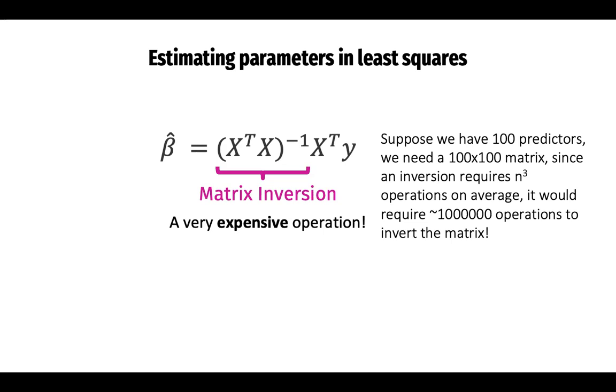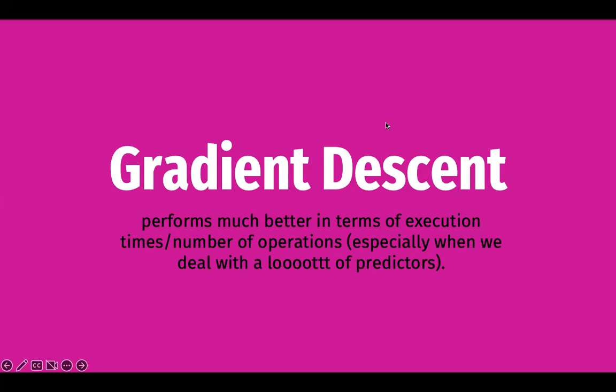So this is not appropriate when we want to use linear regression for a very large data set. It is very costly. So gradient descent is a lot cheaper alternative in terms of execution times or number of operations, especially when we deal with a lot of predictors.